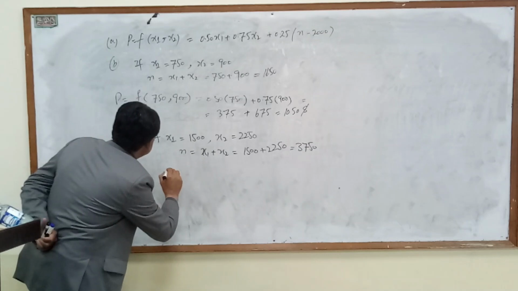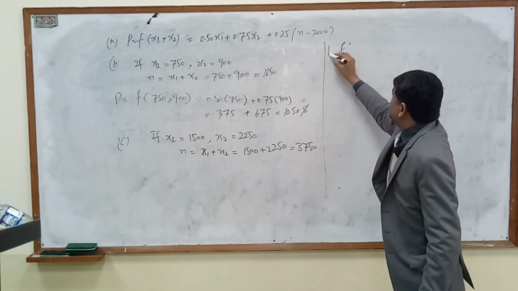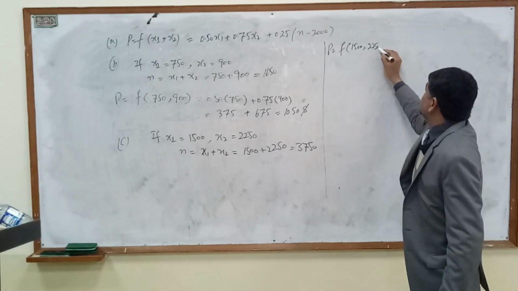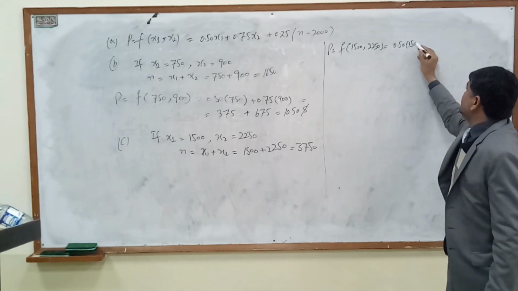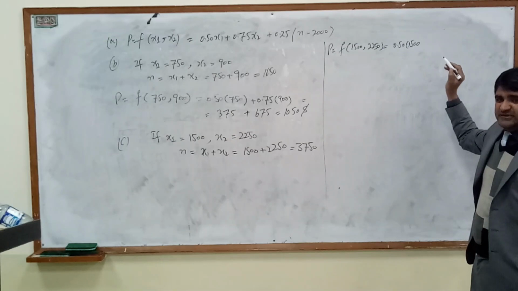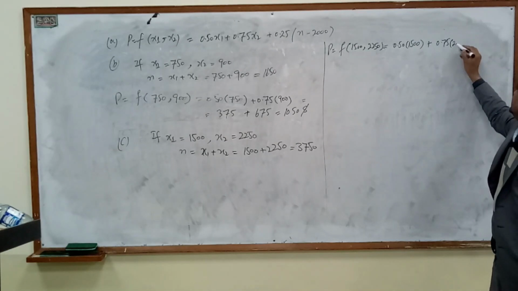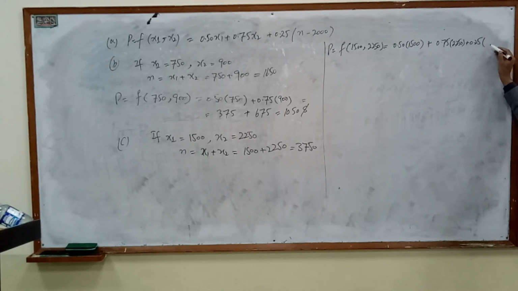So we can write here, profit is f of 1500 and 2250 is equal to 0.5 into 1500 plus 0.75 into 2250 plus 0.25 into, what is that? 3750 minus 2000.